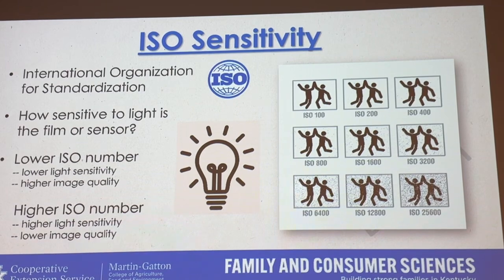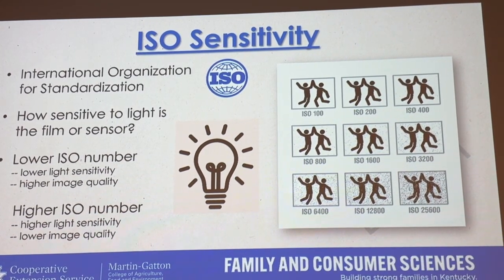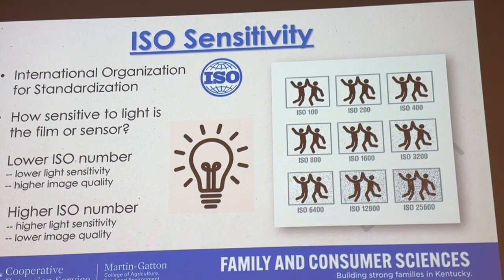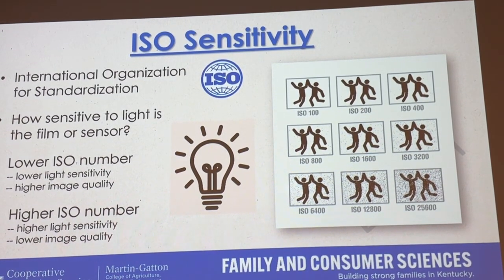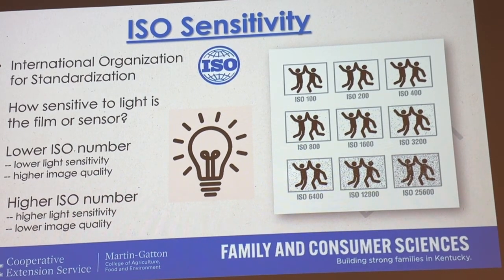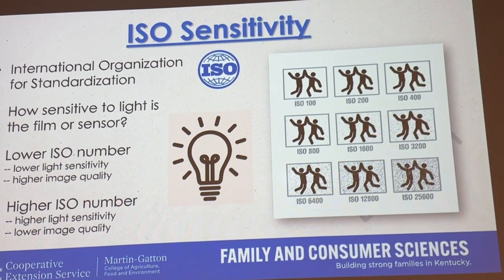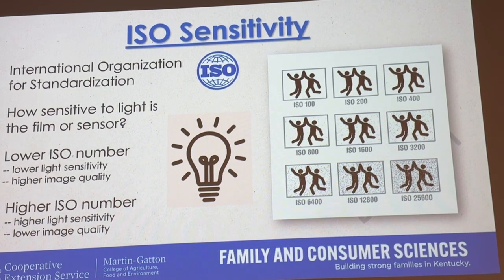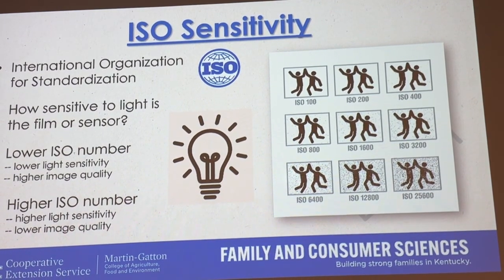So you could take pictures depending on that, or how the sensor of the digital camera is interacting with the light. The light source can be natural light, like sunlight, or it can be a light bulb, artificial light. The ISO value impacts the image quality.